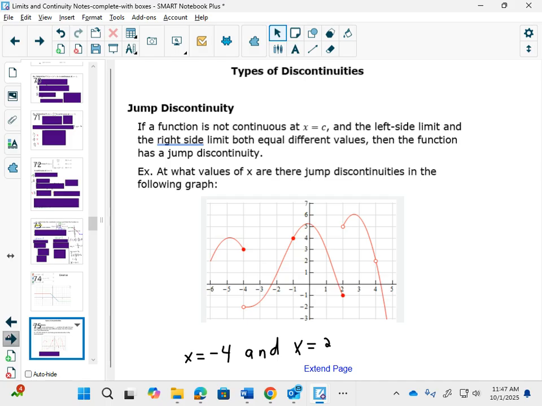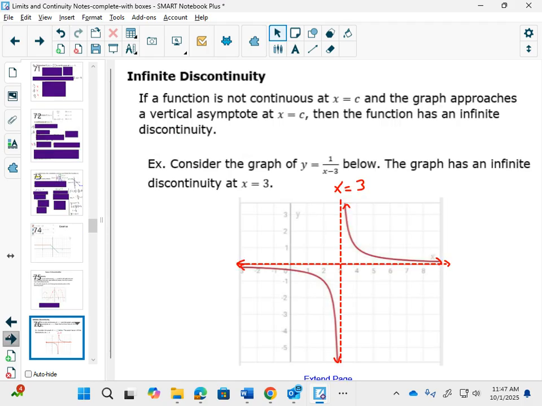Sometimes, no matter how good you are at long jump, you can't jump from one to the other. Those are infinite discontinuities. They're kind of like a jump, but the jump is an infinite distance long. And so it's really hard no matter how much you practice. So in our rational function here, at x equals 3, we would say this is an infinite discontinuity.